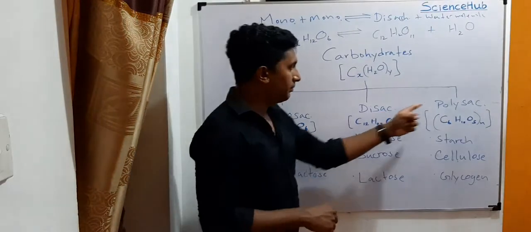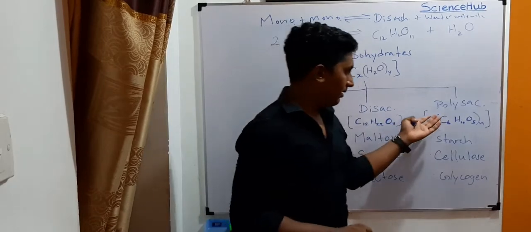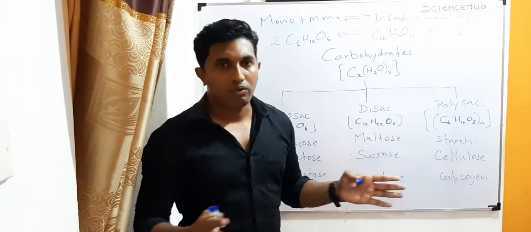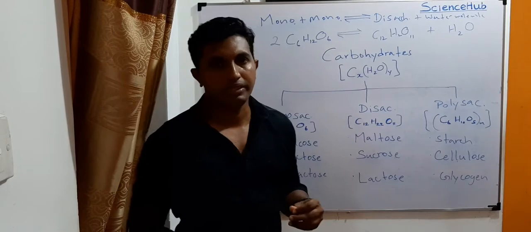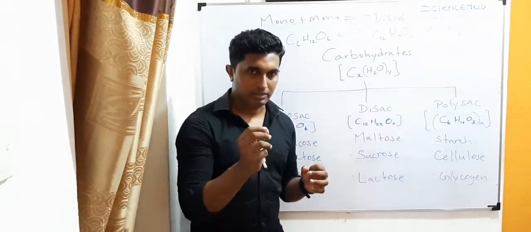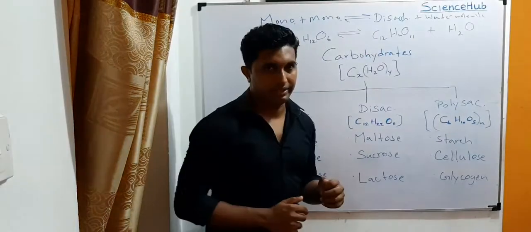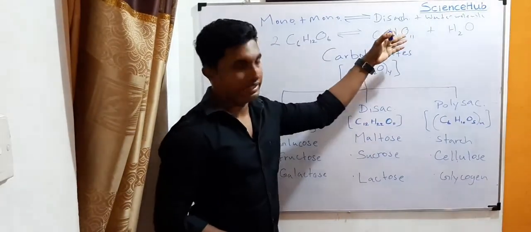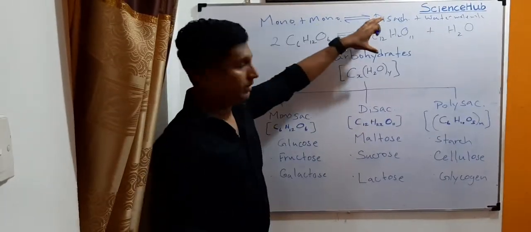Okay, then again we can go to polysaccharides. Polysaccharides have a long molecular chain. Monosaccharide is the smallest building unit of carbohydrates, and disaccharides are a combination of two monosaccharides, like I wrote here.